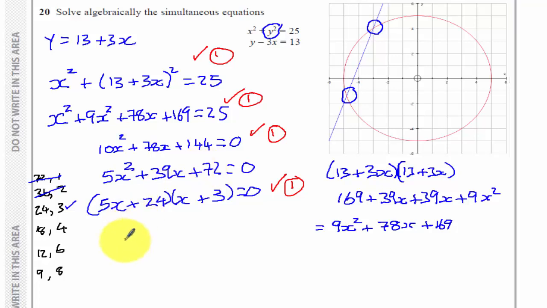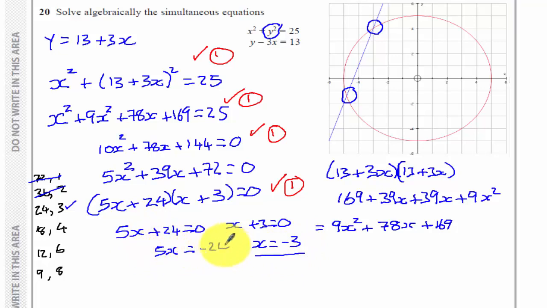So to get my fifth mark, I need to solve the equation. So two numbers multiplied together equals 0. So 5x plus 24 will equal 0, and x plus 3 will equal 0. If I solve this equation first, x equals minus 3. 5x equals minus 24.